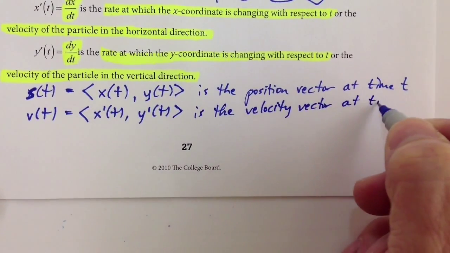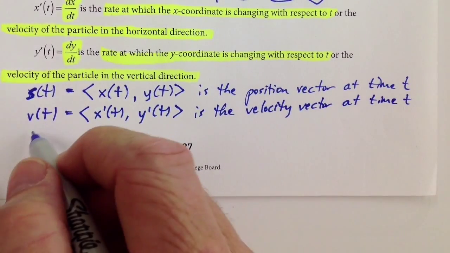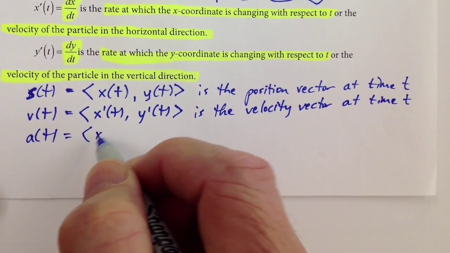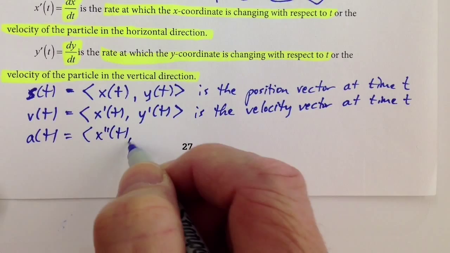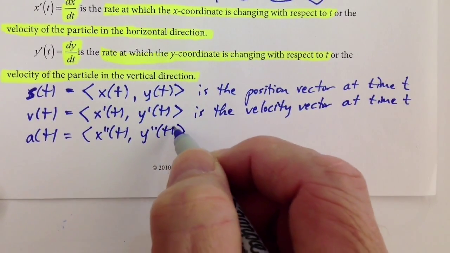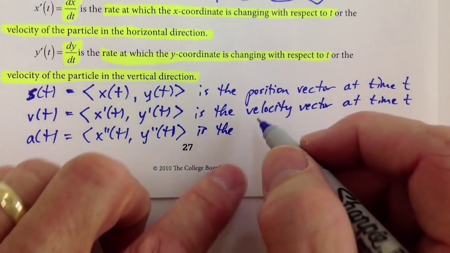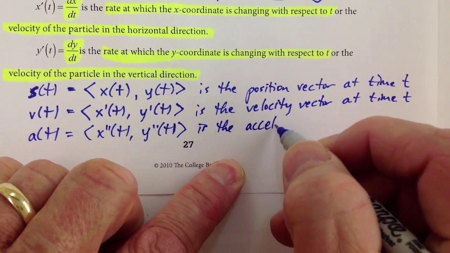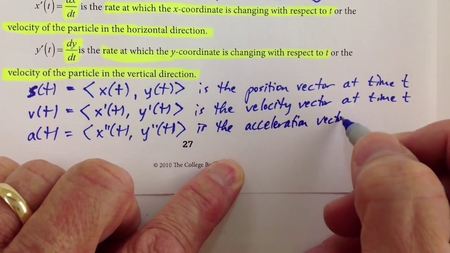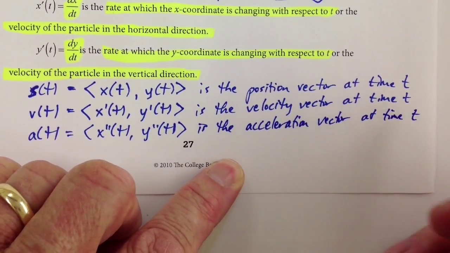Okay, and finally we have the acceleration as a vector. That's the second derivative of x, and the second derivative of y, is the acceleration vector at time t.